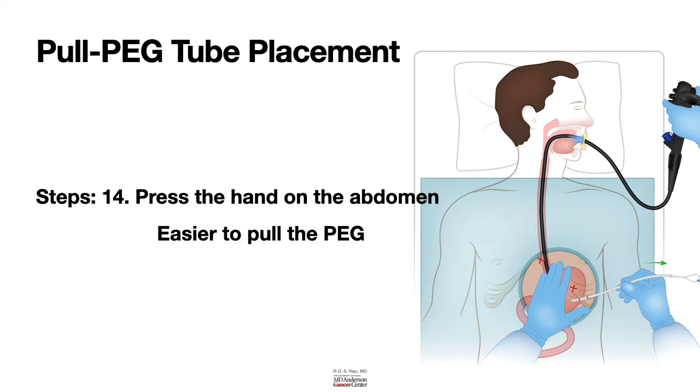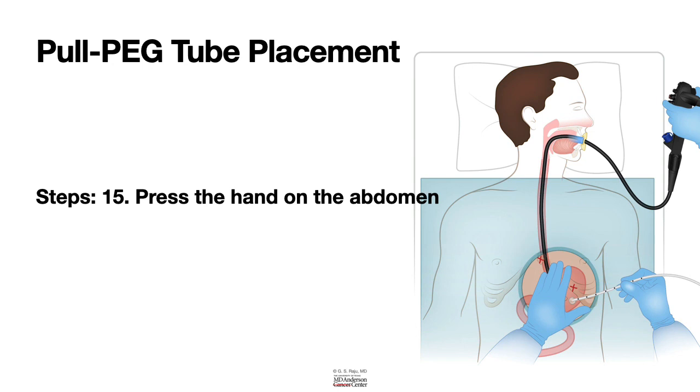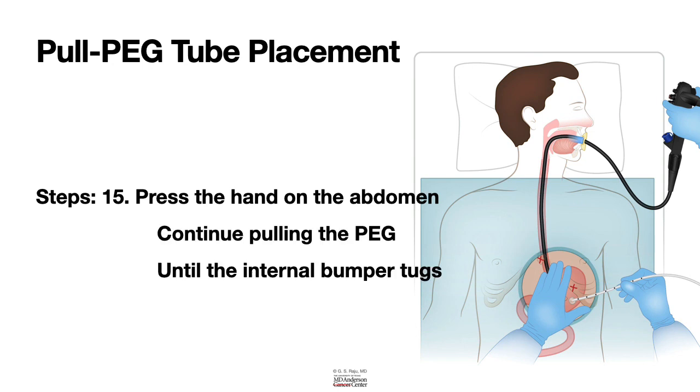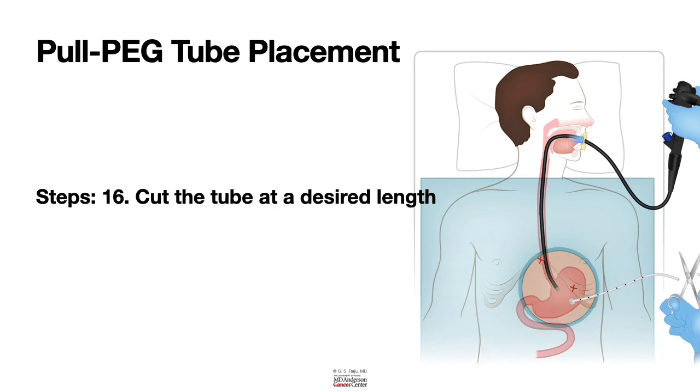This makes it easier to pull the PEG, and continue to pull the PEG until the internal bumper tugs. Usually it happens in a thin person between 2 to 3 centimeters. In somebody who has thicker abdominal wall, maybe 3 to 4 centimeters. And then once it's done, you cut the tube to the desired length.